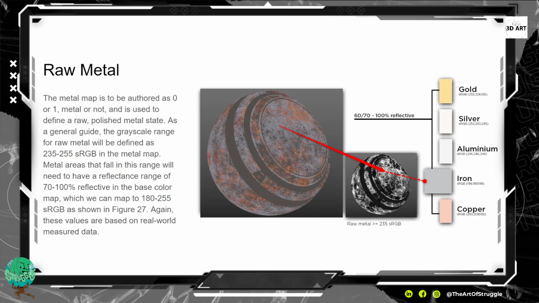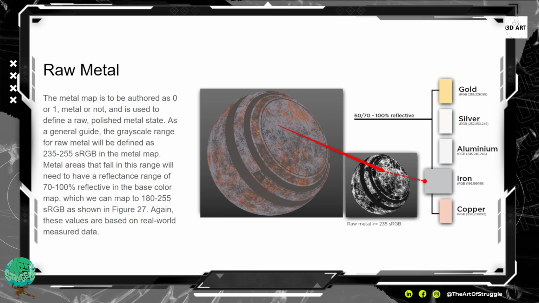The metal is to be authored as 0 to 1, metal or not, and is used to define a raw, polished metal state as a general guide. The grayscale value for raw metal will be defined as 235 to about 255 sRGB in the metal map.